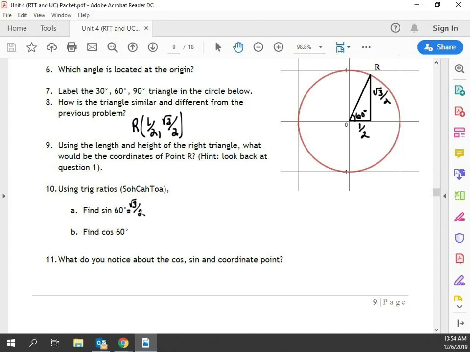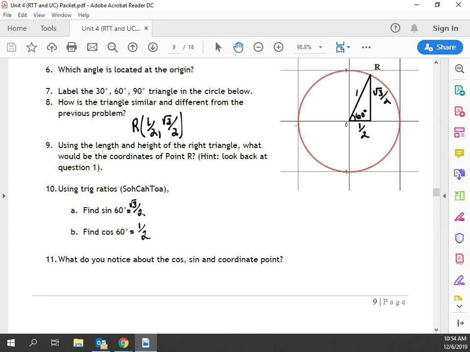And of course, we're only dividing by the hypotenuse, which will always be 1. So basically, it's just going to be the length of the side opposite. What about the cosine of 60? 1/2. Again, same reason. Adjacent divided by the hypotenuse. The adjacent is 1/2 divided by 1. So it's just 1/2 is your answer there.